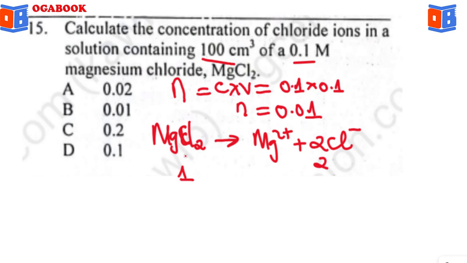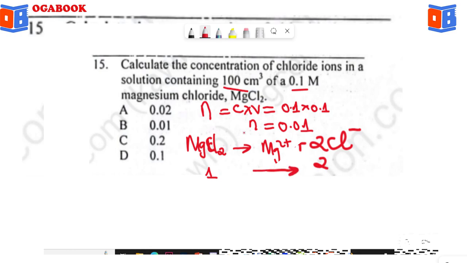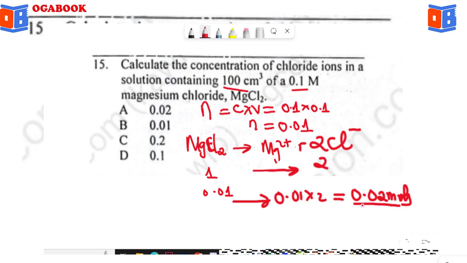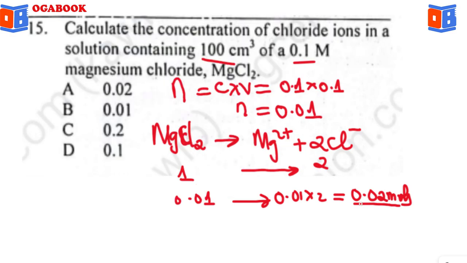So 1 mole of magnesium chloride, when dissociated, will give us 2 moles of chloride. By simple proportion, 0.01 of magnesium chloride will give us 0.01 times 2, which equals 0.02 moles.